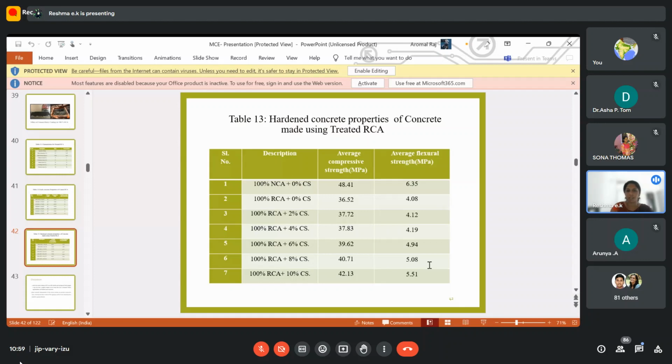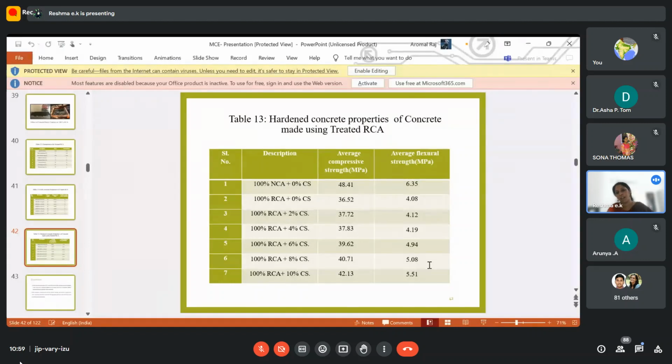Here you can see I increased the cement slurry treatment: 2%, 4, 6, 8, and 10. It is in an increasing order. But I stopped at 10% cement slurry, thinking that beyond 10% it is not going to be economical. And I cannot call it sustainable pavement construction because I'm using something which produces a carbon footprint.